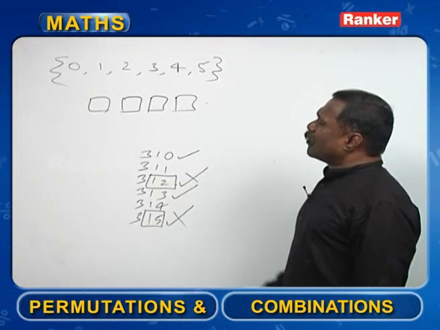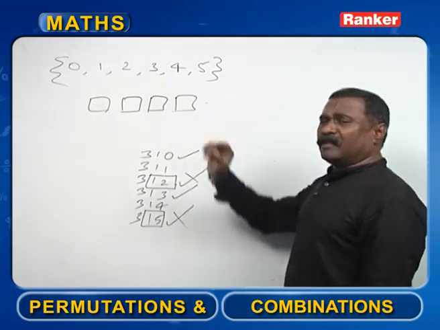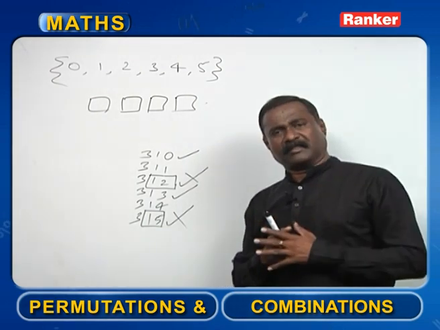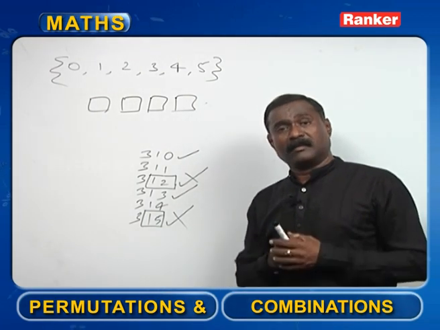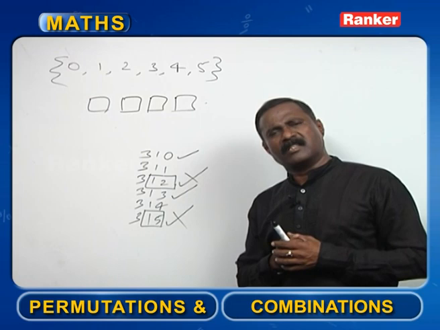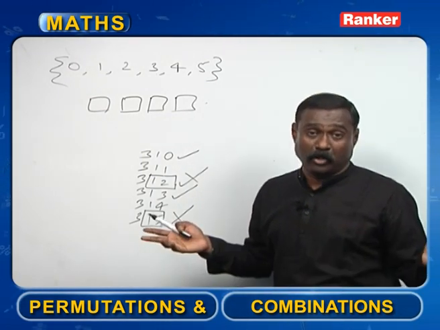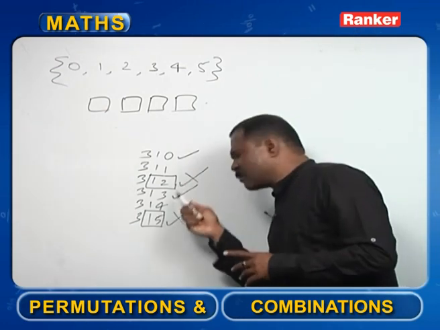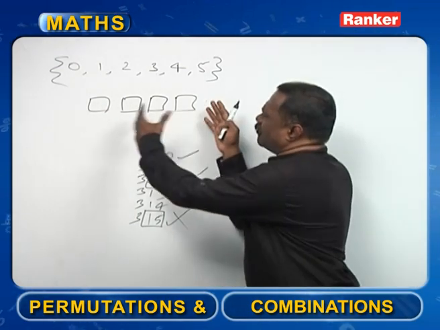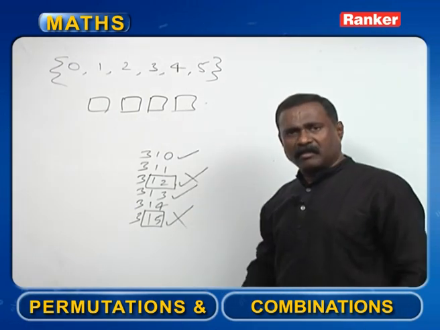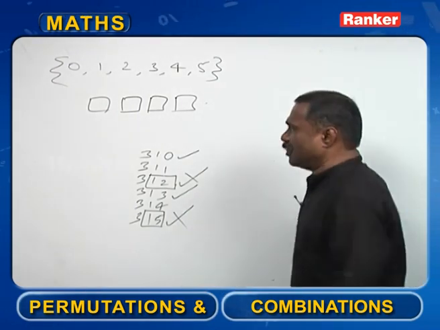That means whatever fillings you do here, all those numbers can be written consecutively, that is, in the ascending order of magnitude. In other words, let us forget about divisibility by 3 for now and fill this.